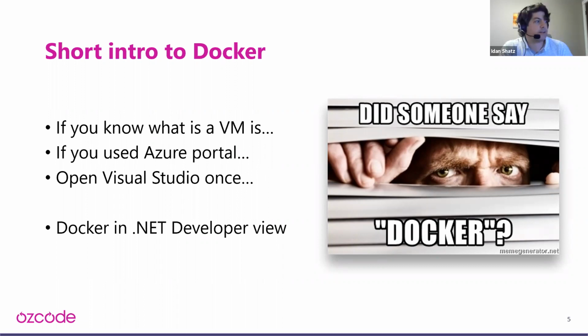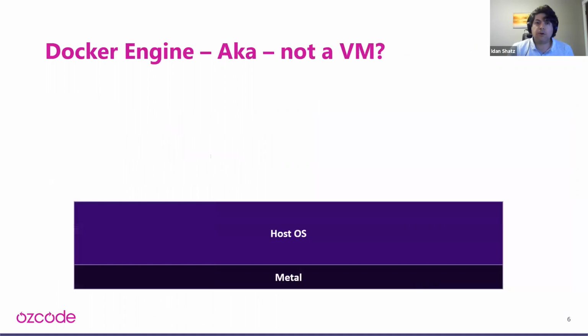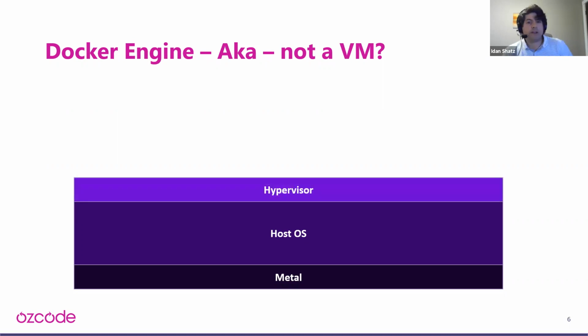So with that, let's start with what is Docker. The main idea is if you know what virtual machines are, then probably you know what Docker is as well. And I will try to show the differences between them so you can take advantage of what Docker provides. Every time you want to run a VM on a machine, you have the metal, the computer itself, that runs the host OS.